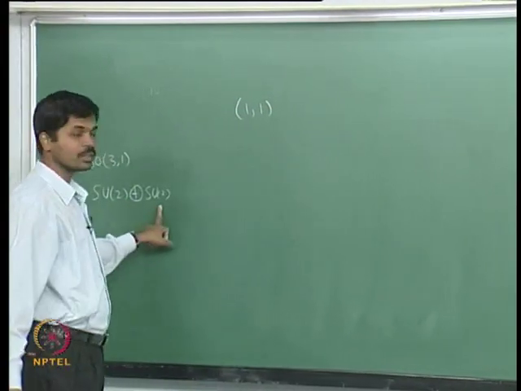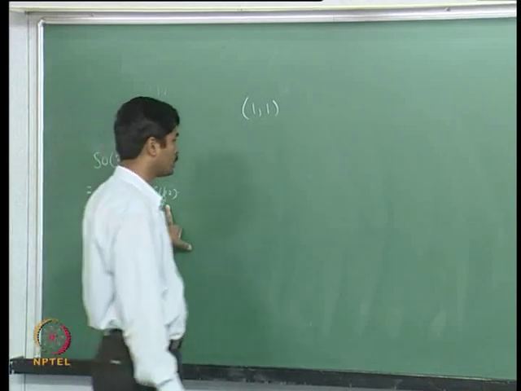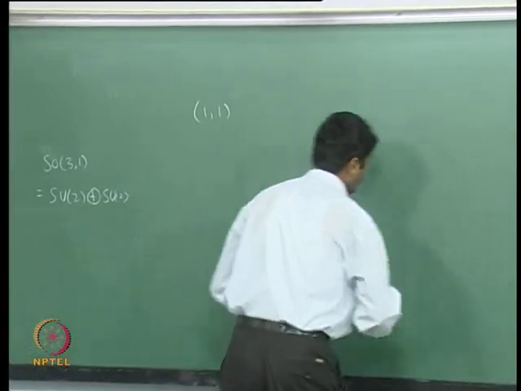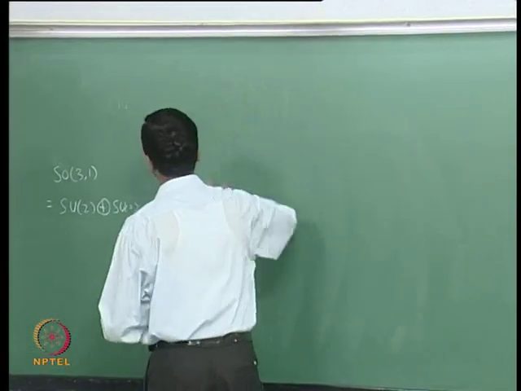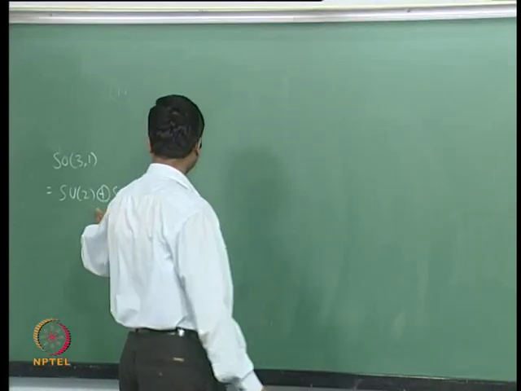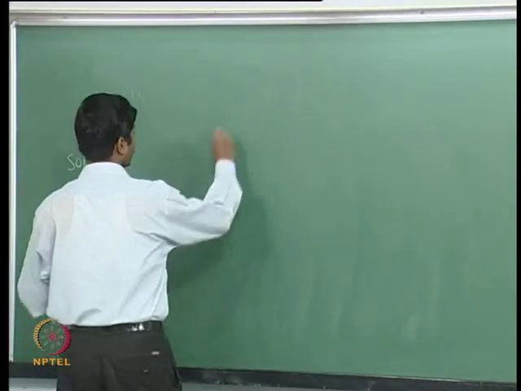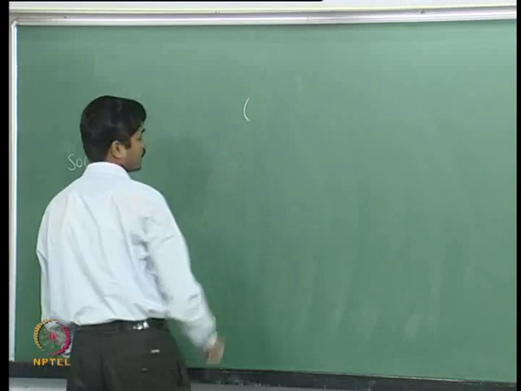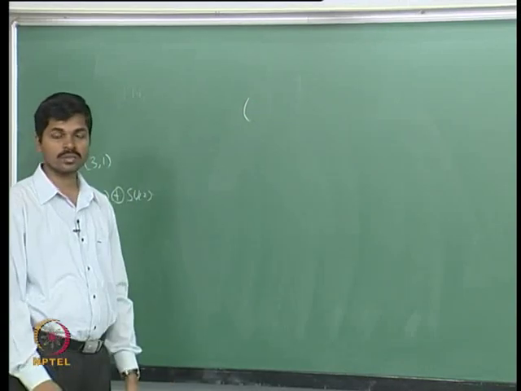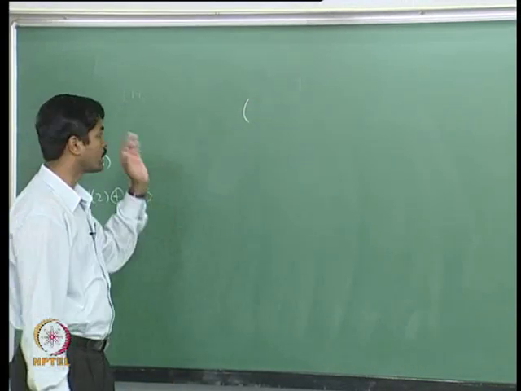Because there are two copies of SU(2), I will have two integers to label an irreducible representation for the Lorentz algebra.